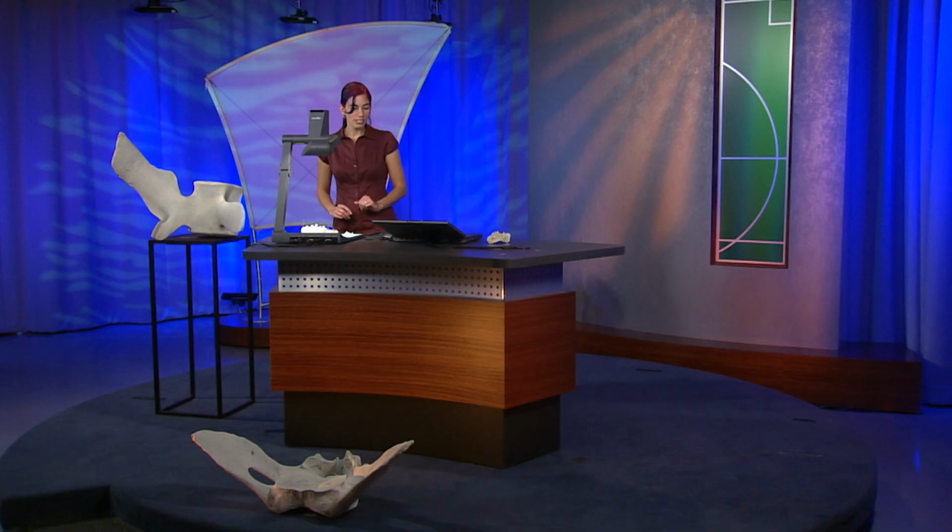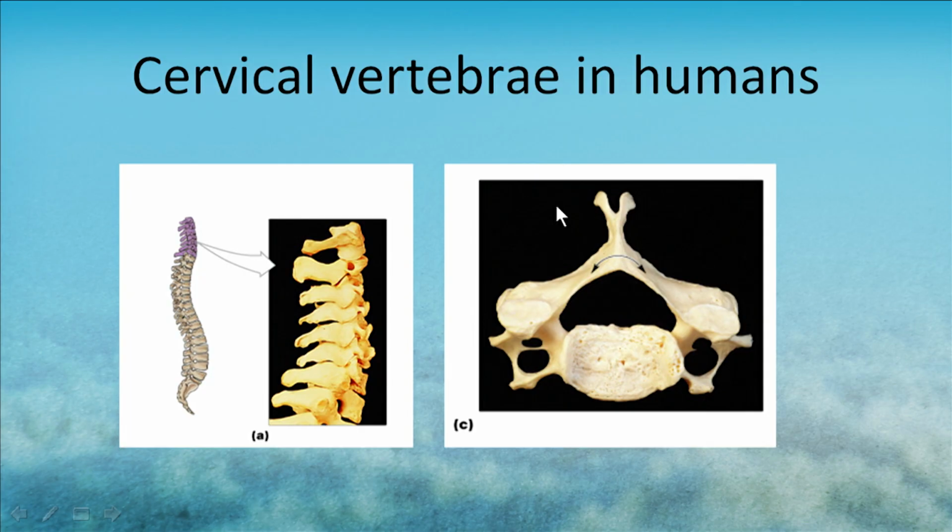All right, now that we've looked at that, let's take a look at cervical vertebrae. Humans have 7 cervical vertebrae. They're defined as the first 7 located between the skull and, of course, the thoracic vertebrae. Now this picture right here shows you a typical cervical vertebra, and you might notice something a little bit unusual.